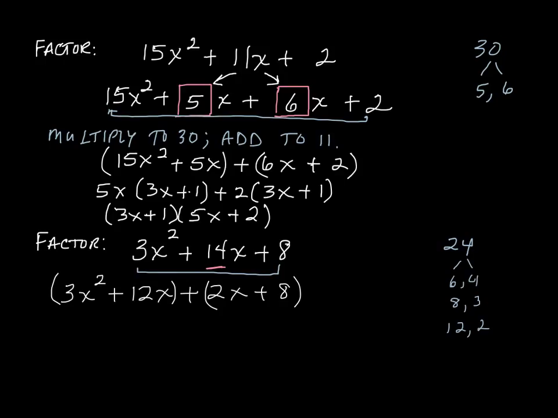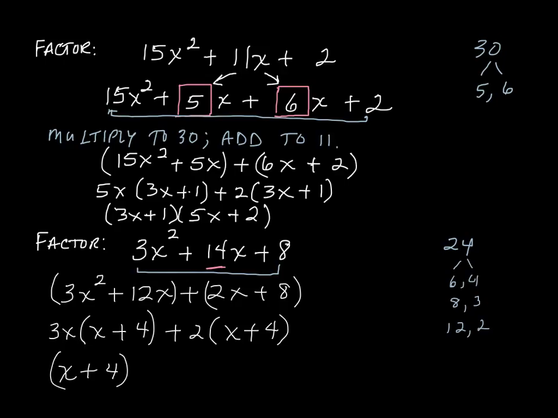What can we factor out of the first one? 3x, and we have an x plus 4. Then we can factor out a 2, and that leaves us x plus 4. Factor out an x plus 4, and then we have 3x plus 2. So we have factored this polynomial by grouping.